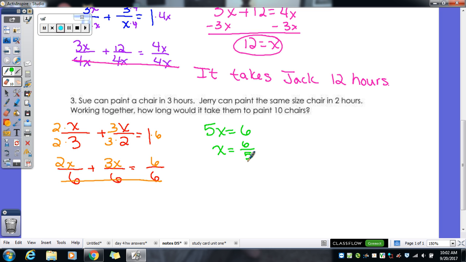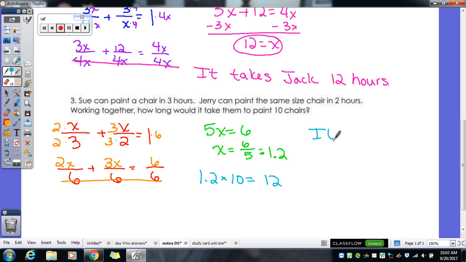Divide by 5, we would get 6 over 5. Or what would that be as a decimal? 1.2, if my brain is working correctly. So again, that's how long it takes for them to paint 1 chair, 1.2 hours. So if I take my 1.2 and multiply it times 10, it will take 12 hours for them to paint 10 chairs.